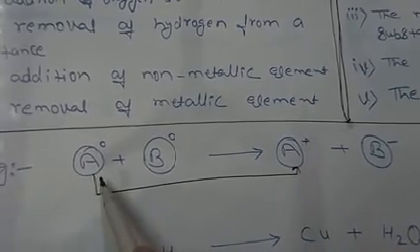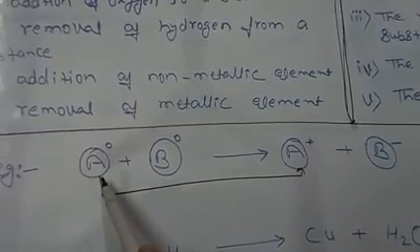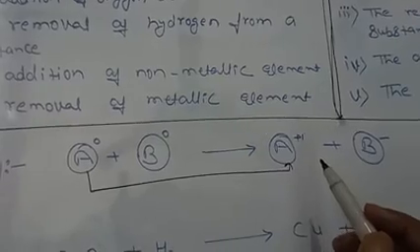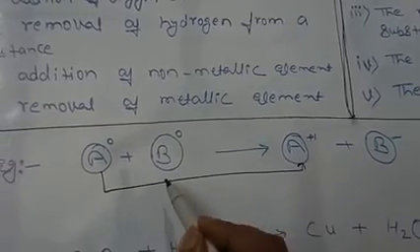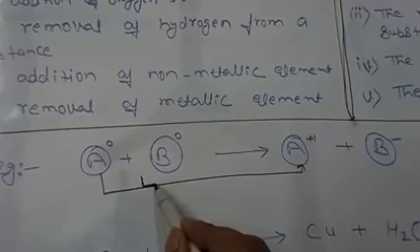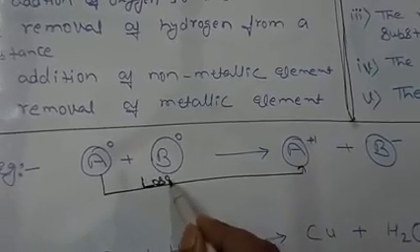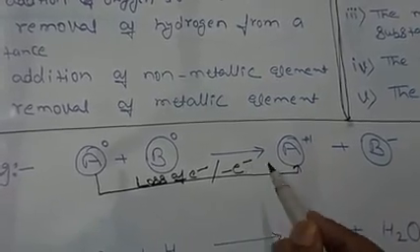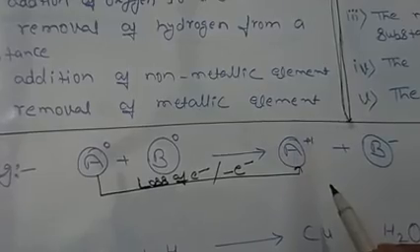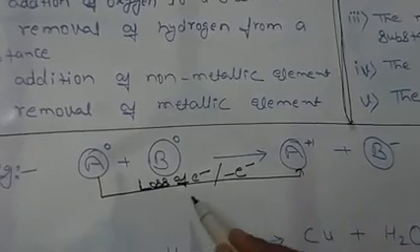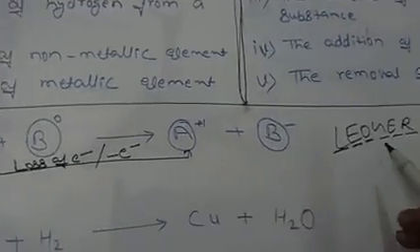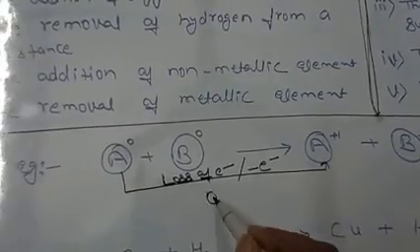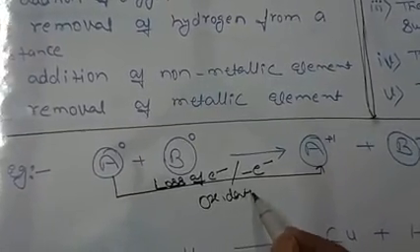How do you get plus 1 ion? Obviously from loss of electron. When you remove one electron, it is called loss of electron, and loss of electron is called oxidation.